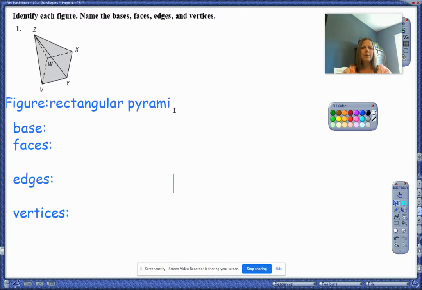Okay. And then the base of this shape would be called W, X, Y, V. You can start with any letter. You just need to make sure that you go in order, one way or the other.